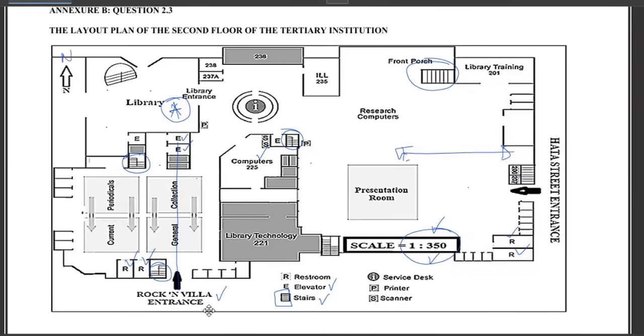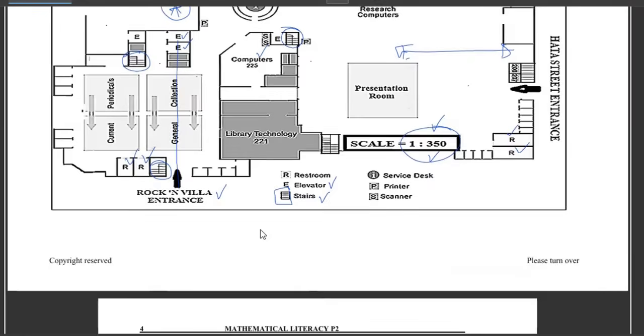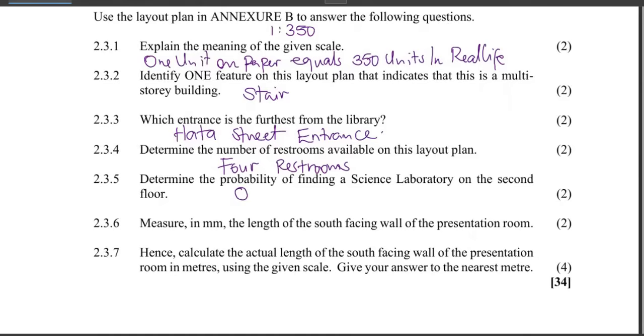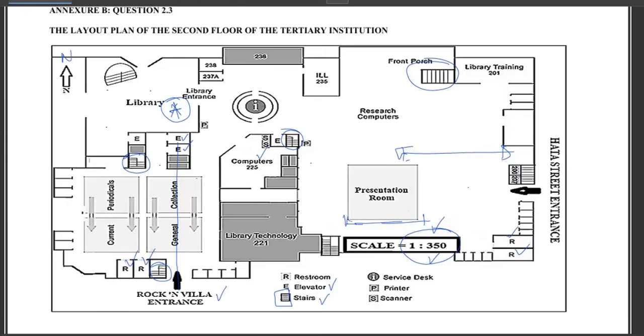That means you're measuring the one which is down. Presentation room, ne? You see? Because that's what it said. They said the presentation room, the south wall. So this is it.